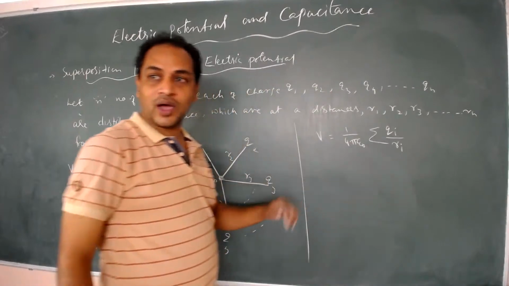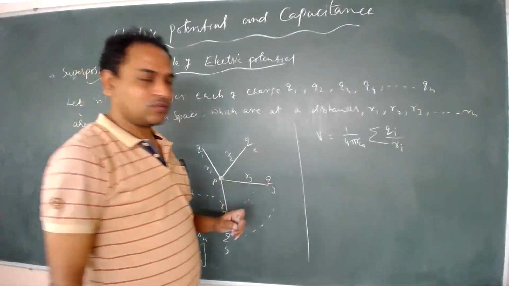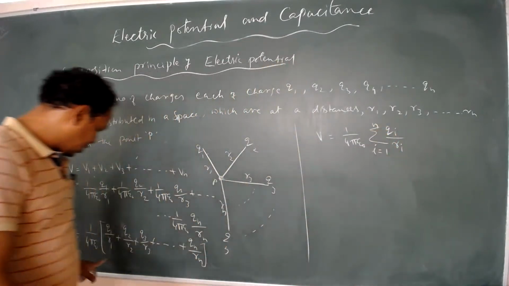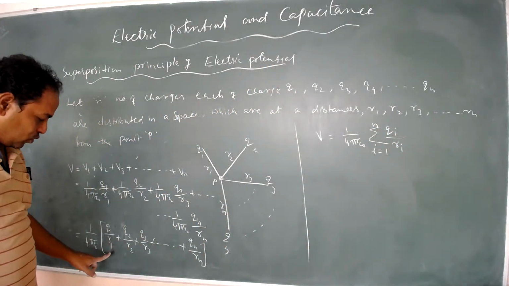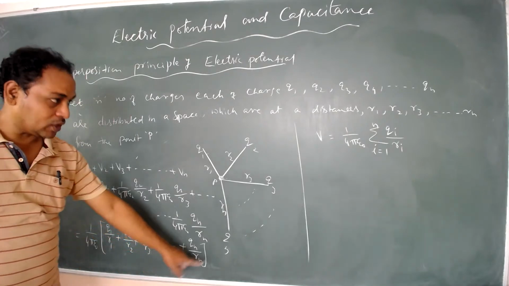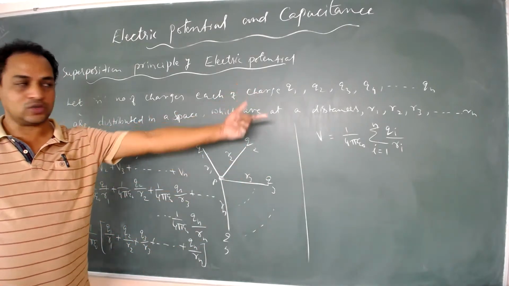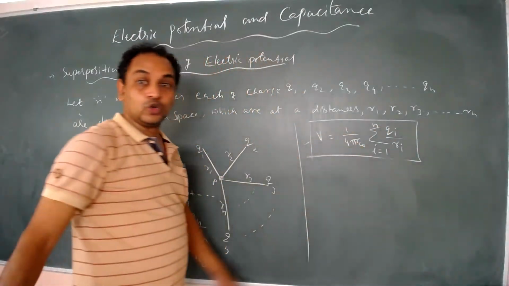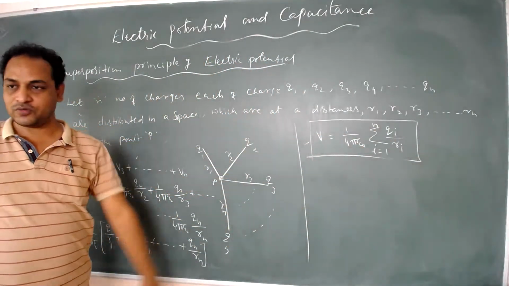What are Qi and Ri? That is a general term, where i runs from 1 to n, that is 1, 2, 3 up to n. So this is the general form, the total potential at that point due to n number of charges.